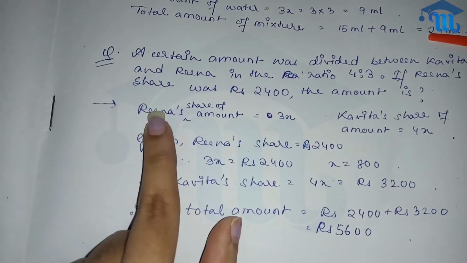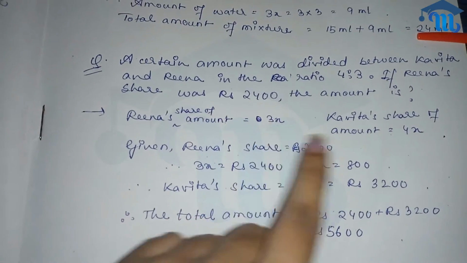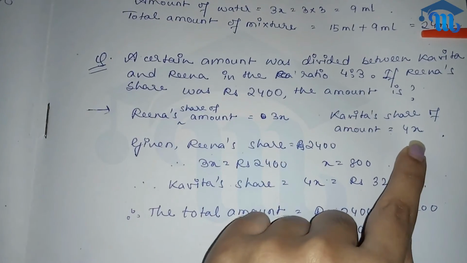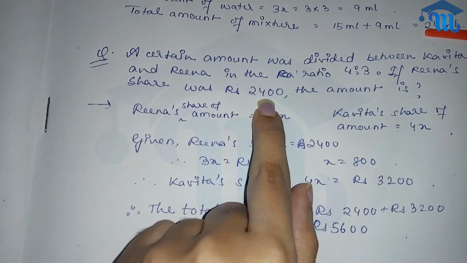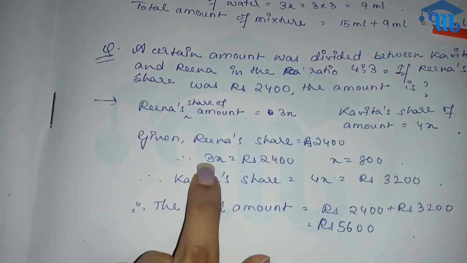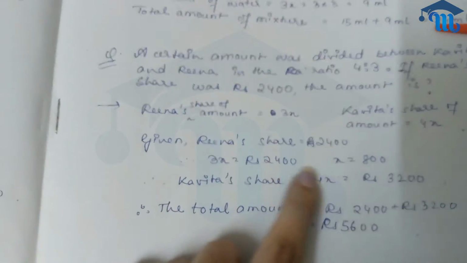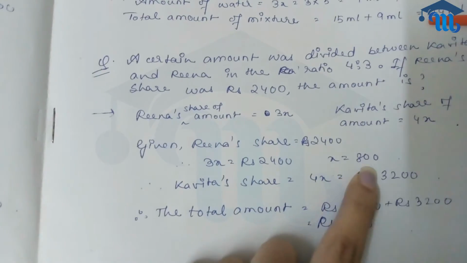Therefore, the same way, Reena's share is 3x and Kavita's share is 4x. You're already given that Reena's share is 2400. So from that 3x equals 2400 and you get x.